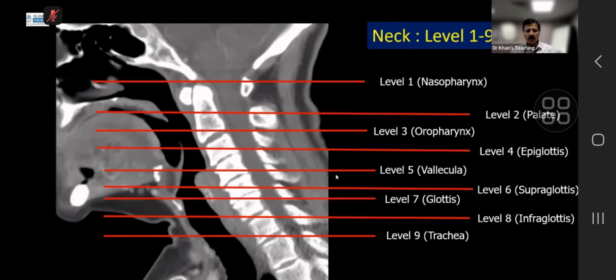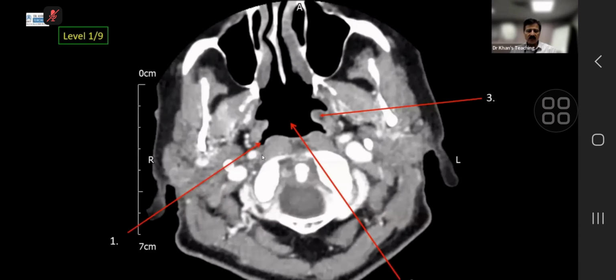And then the valleculae, level 5, where the valleculae will be visible. Then the supraglottis level, which is the false chord level. Then the glottis, which is the true chord level. And then the infraglottis level, where the cricoid cartilage will be. And finally, the trachea. So these are 9 scans, and it is open for chat.